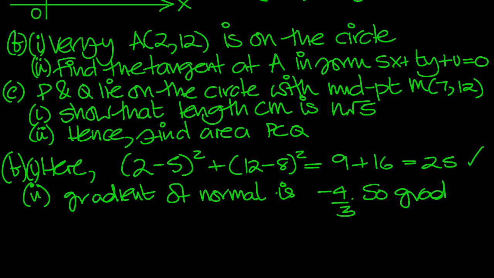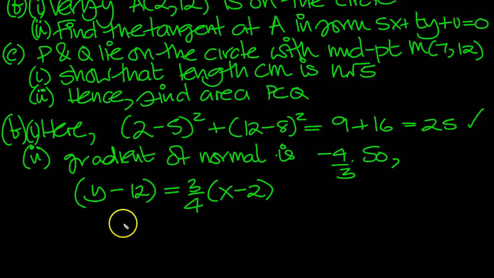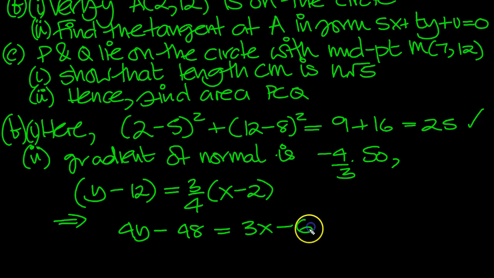So the tangent, well, we can just put it in the formula now. So y minus the y value, which is 12 at A, equals the gradient of the tangent, which will be 3/4, times x minus the x value at A. Now we'll move the 4 up to be with the y. So 4y minus 48 is equal to 3x minus 6.